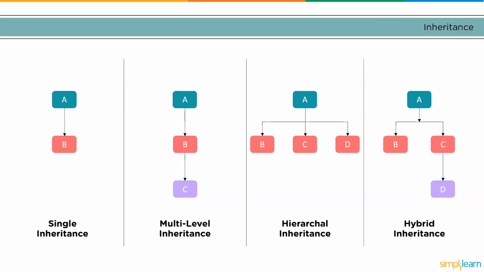If you want to implement multiple inheritance, you can make use of an interface. An interface gives you the logical approach of multiple inheritance, but without the ambiguity of the diamond problem. Now let's understand all these types of inheritance in more detail through the practical session. Let's get back to the Eclipse screen.